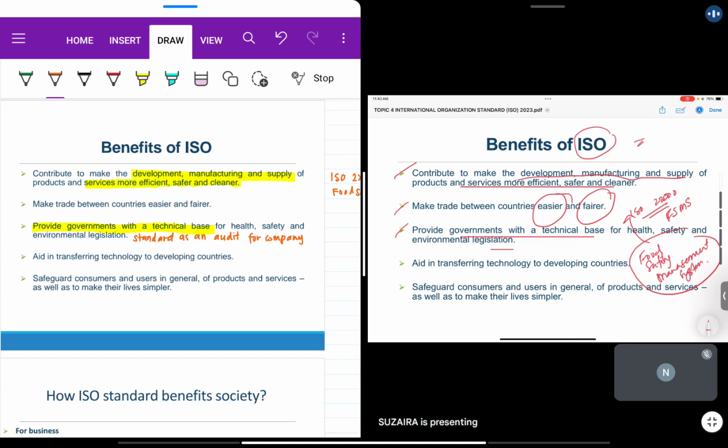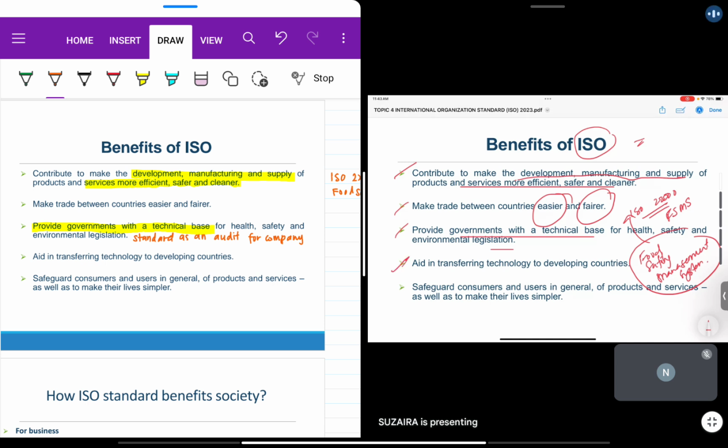They can use this as a reference too, and as a guideline to know whether the company complies with the guidelines or not.